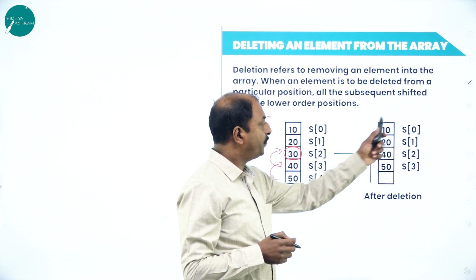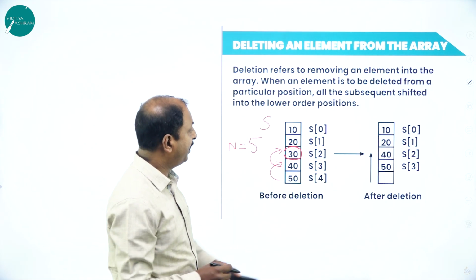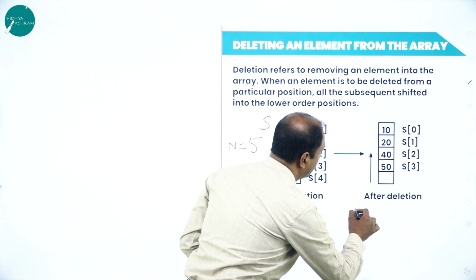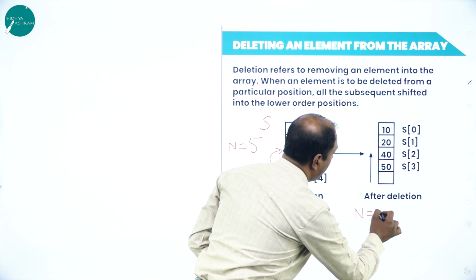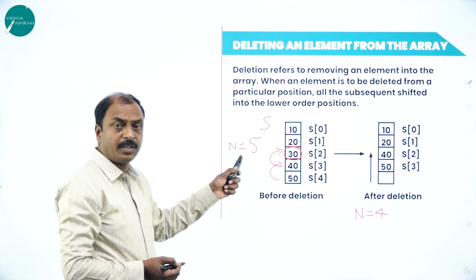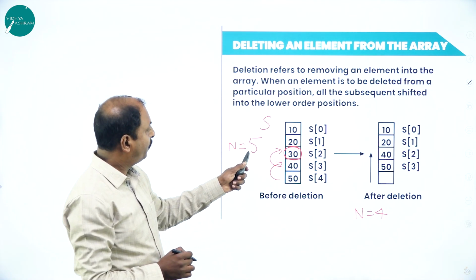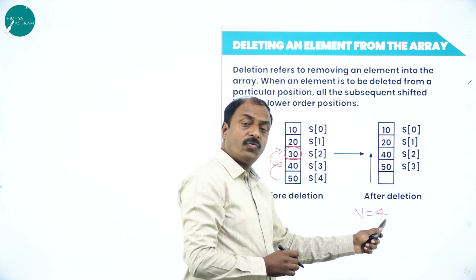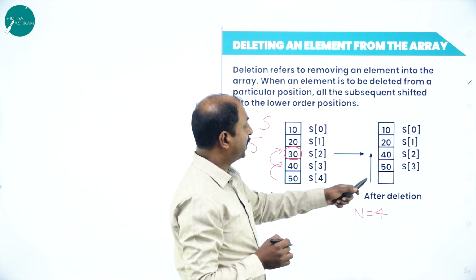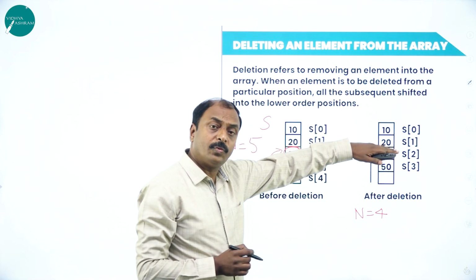So at the end of this process, we can make out that there are only 4 elements. So here the size of the array is going to be 4. Earlier, at the original, before deleting an element from the array, the size was 5, now the size is 4, because we have shifted all the elements from higher order to the lower order.